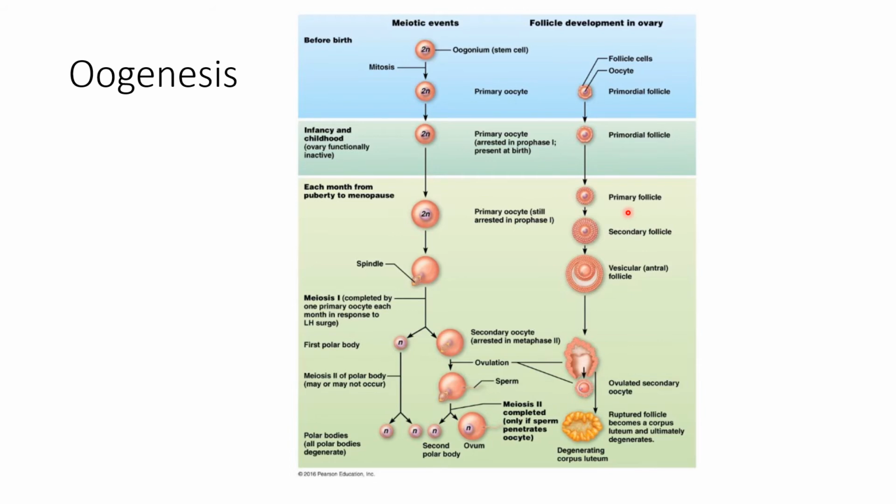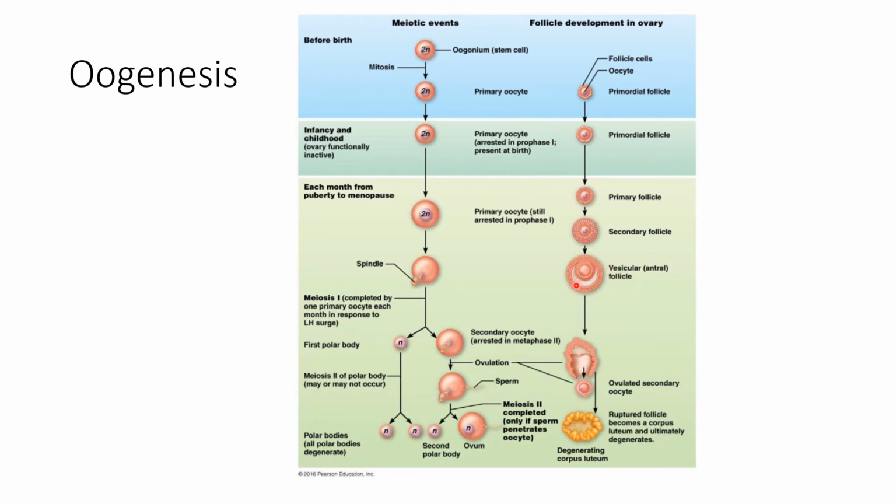And then that primary follicle, as you can see, the cells around the oocyte are starting to grow even more, and so we refer to it as the secondary follicle. And then it starts to grow even more, and we start actually having a fluid-filled cavity known as the antrum. So we refer to it as the vesicular or antral follicle.